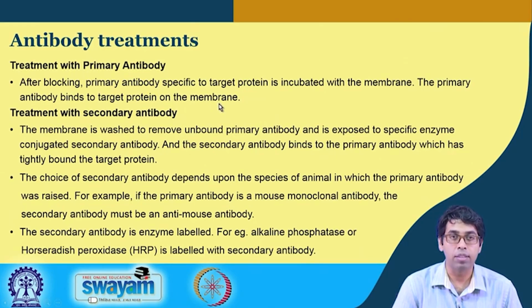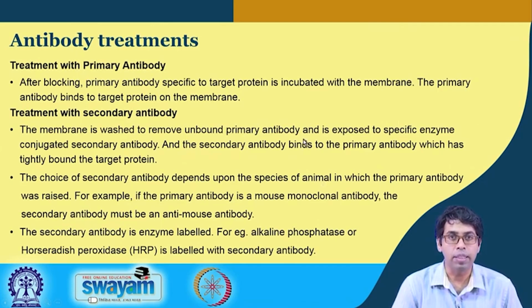So to detect, another antibody is used which is called the secondary antibody. The membrane is washed thoroughly to remove any unbound primary antibody and is exposed to a secondary antibody which is conjugated to a specific enzyme. The secondary antibody binds to the primary antibody and it carries this specific enzyme.